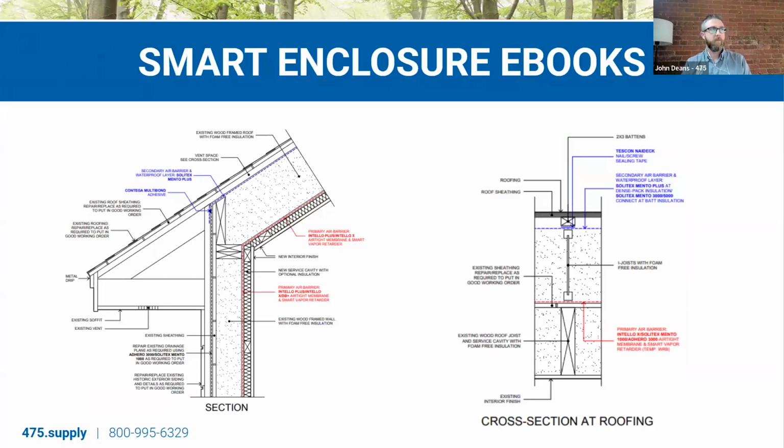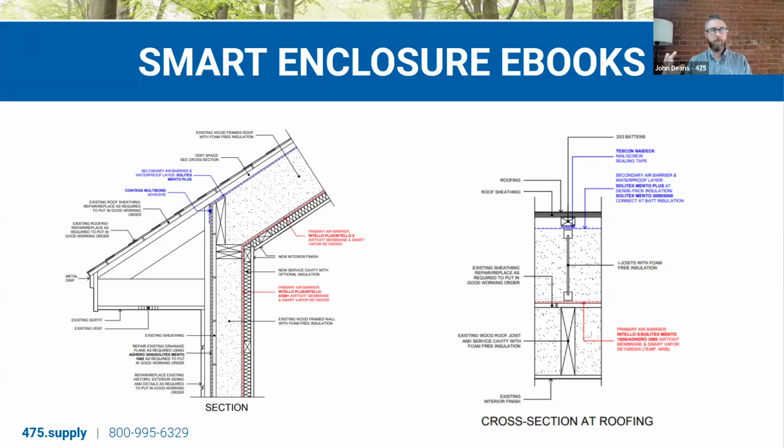I also wanted to get into some references that we have online. If you're not familiar with our Smart Enclosure series, it offers not buildable details, but generalized details for these assemblies. So different approaches for all different types of assemblies. There's a bunch in there: 2x construction, masonry retrofits, I-joist outrigger, mass timber.